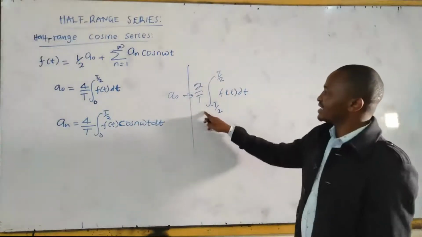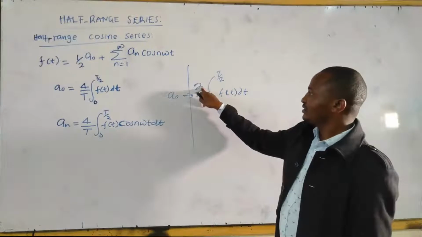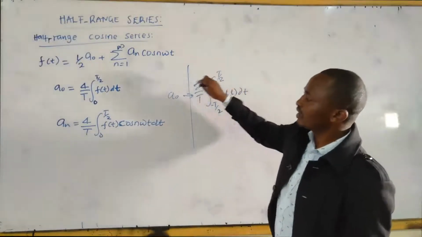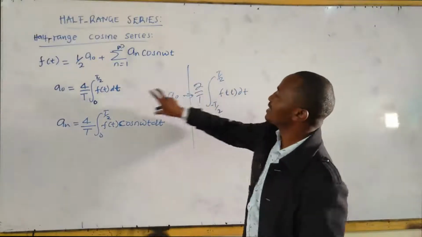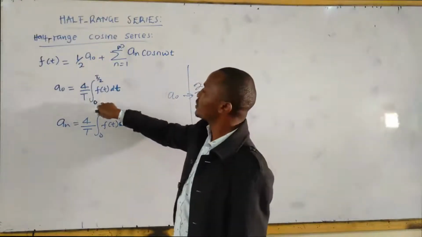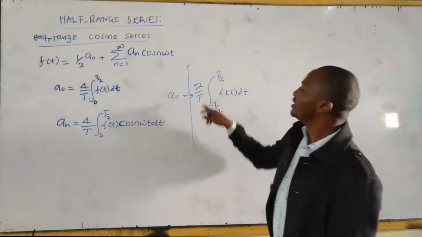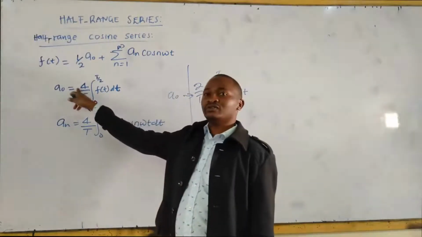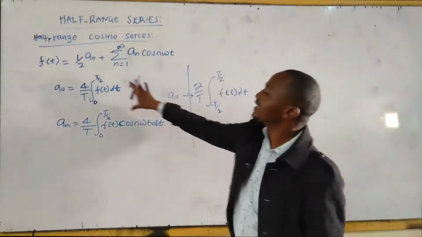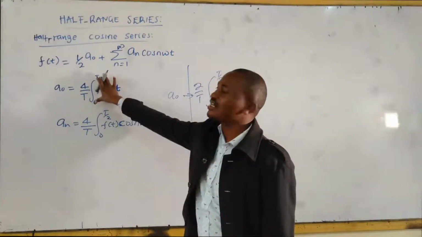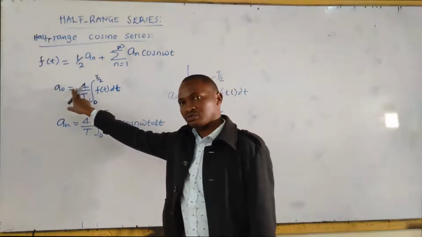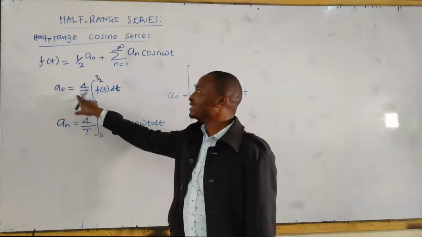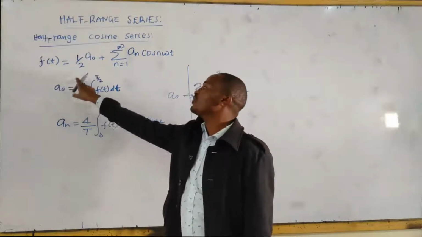In this case, the limit is from negative T over 2 to positive T over 2, the entire range. But here it is half the range, from 0 to T over 2. Here it is multiplied by 2, here you are multiplying by 4. So here you are taking half the range, but multiplying by 2. That is 2 over T times 2 to give you 4 over T.